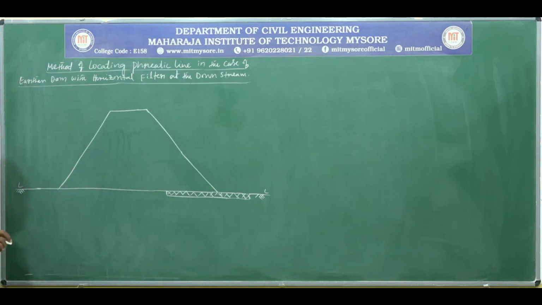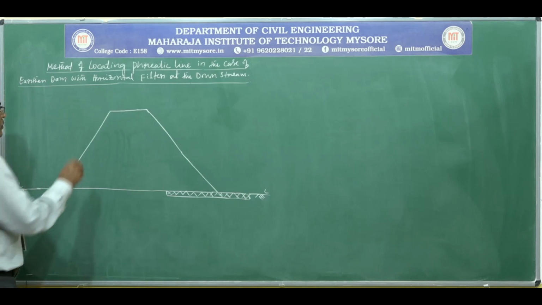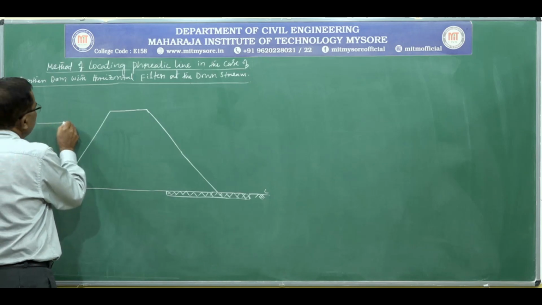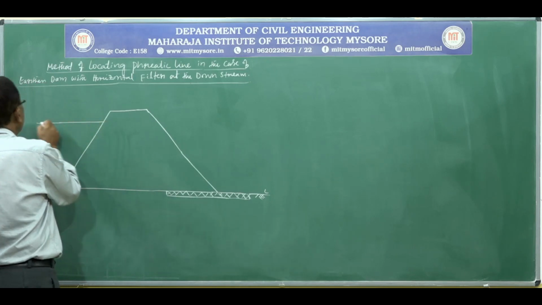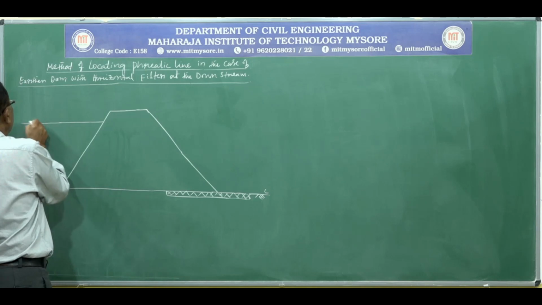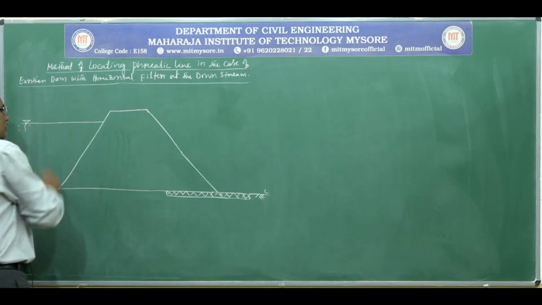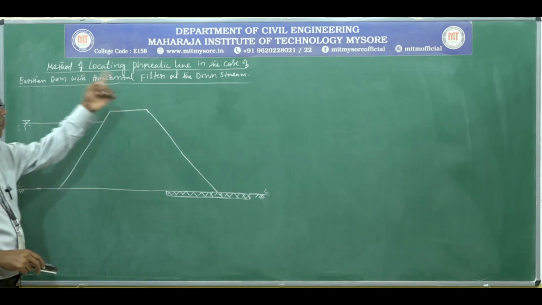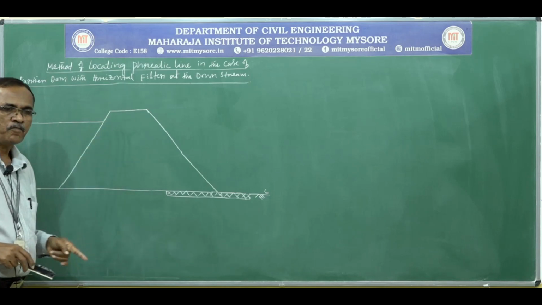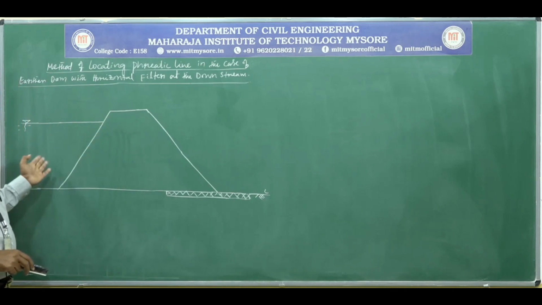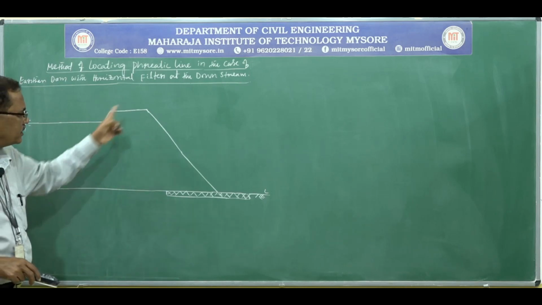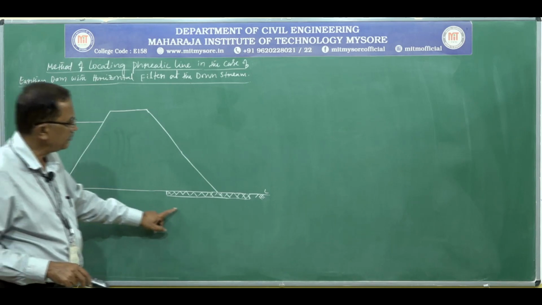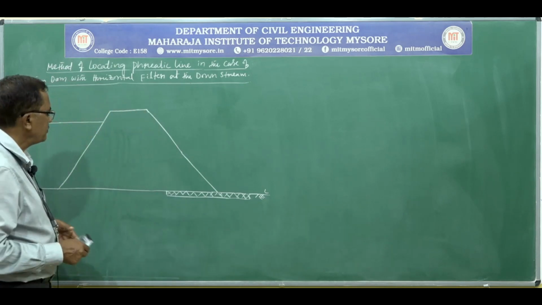Then mark the water level, usually called the full supply level or full reservoir level. So these are the boundary conditions. Knowing the height of the dam and the upstream and downstream slopes, we can construct this dam cross section to a suitable scale, and also the horizontal filter at the downstream side.